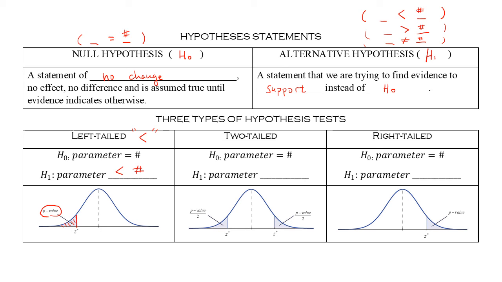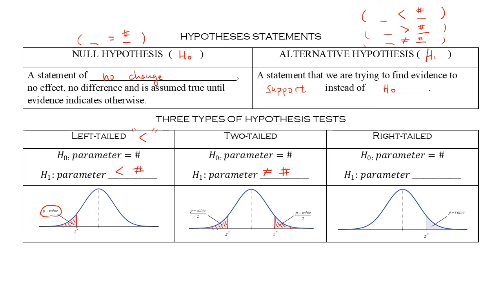In the two-tailed case, we'll be using the not equal to symbol. In this case, we're doubling the area of that region, and the sum of those two regions will be what we're calling our p-value.